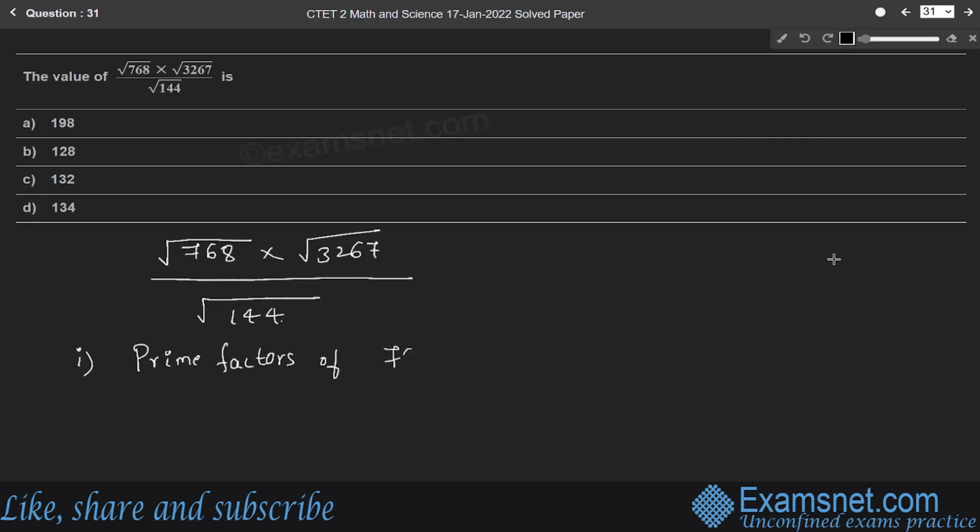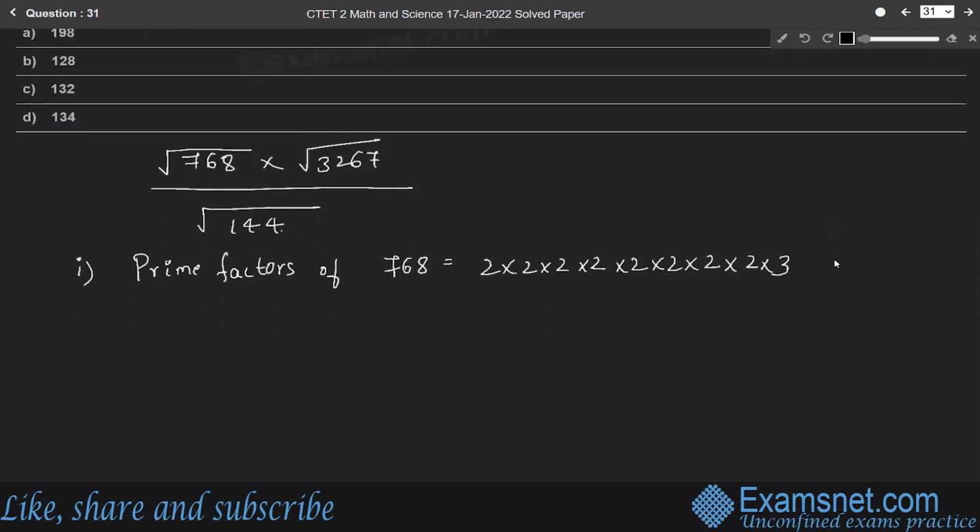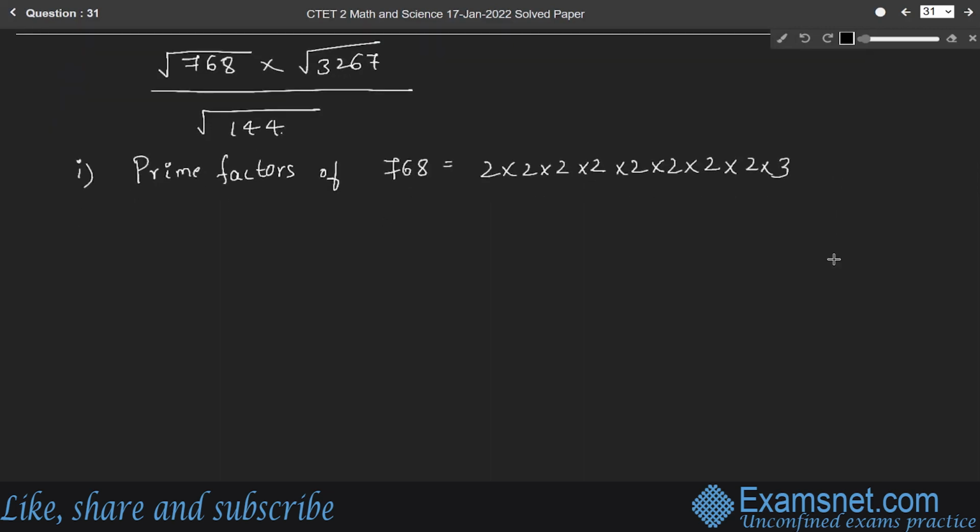Prime factors of 768 are 2 into 2 into 2 into 2 into 2 into 2 into 2 into 2 into 3. So these are the prime factors of 768. Therefore, root of 768 is equal to root of 2 into 2 into 2 into 2, 8 times 2, into 3.